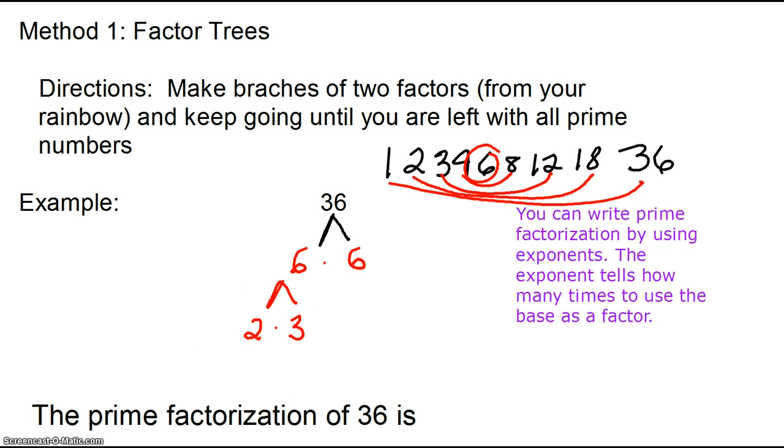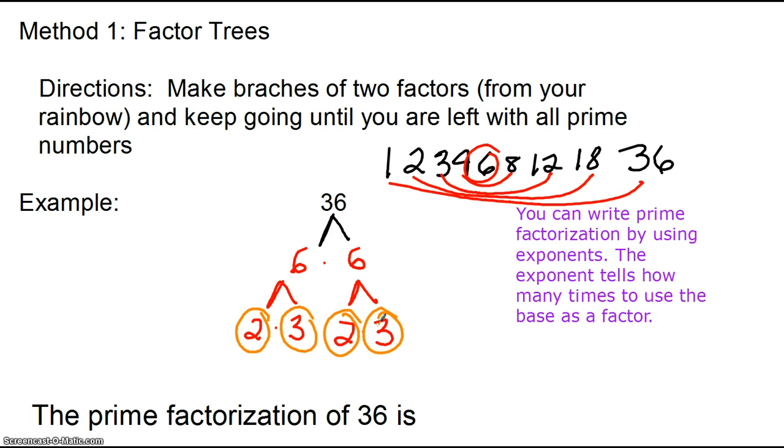When they're prime numbers, you circle them, because that means you can't make any more branches. I want everybody to be getting this in their notebooks. If I'm writing, you are writing. Do the same thing over here. You have 6, and you have 2 times 3, because that is 6. And 2 and 3 are both prime numbers.